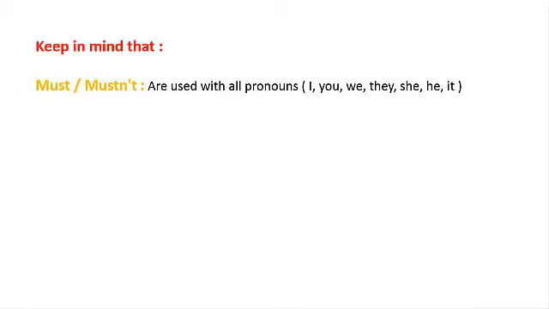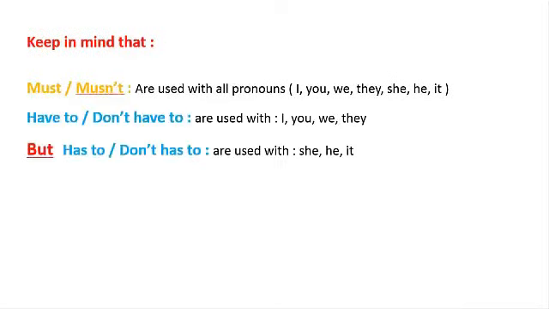It's the same for all persons. And the second thing is that have to and don't have to we use just with I, you, we, they. And has to or doesn't have to with she, he, it.